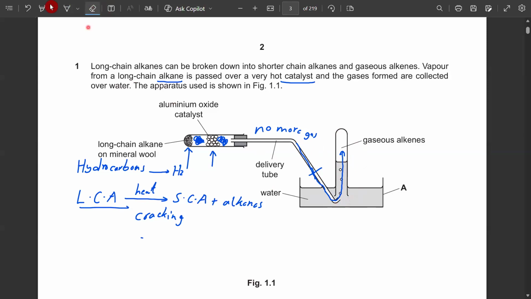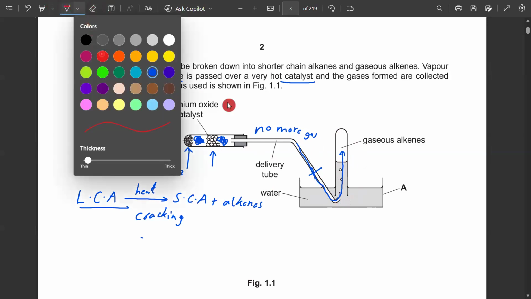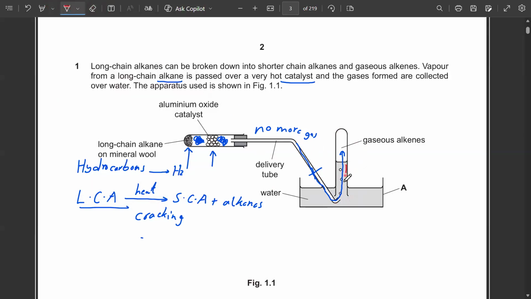Yes, sir. The water will travel like this in the opposite direction because of its own force. The gas that was previously being produced from the reaction between the catalyst and the alkane is no more there. So nothing is going to stop or resist the water from entering into the delivery tube.